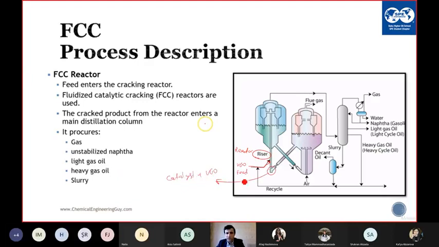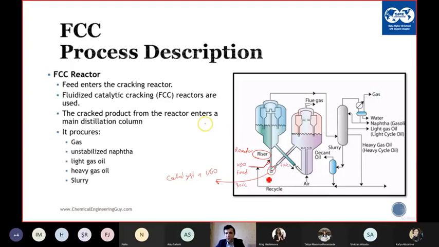They meet at this point, and this catalyst has a temperature of 700 degrees Celsius, and the feed has a temperature of 300 degrees Celsius.